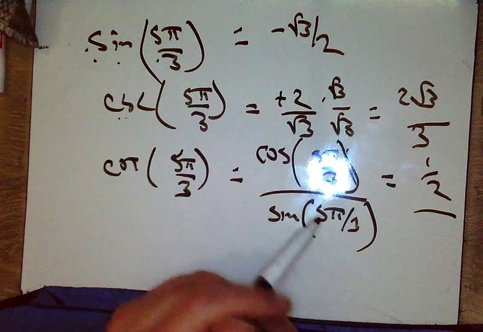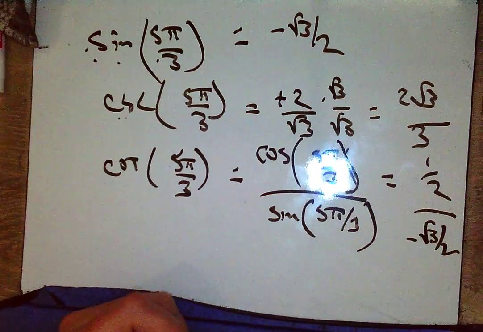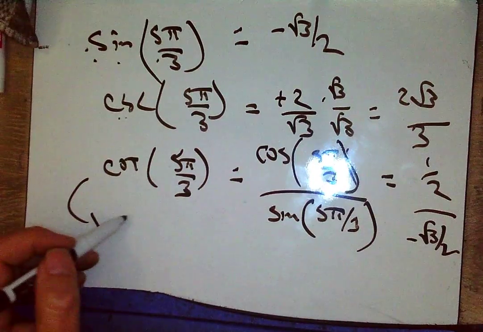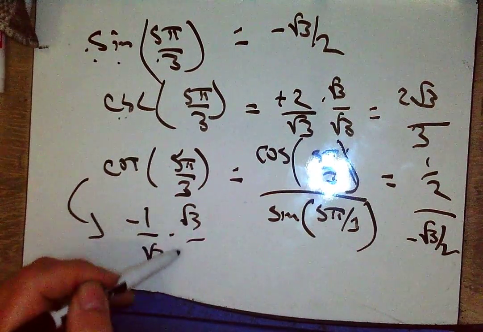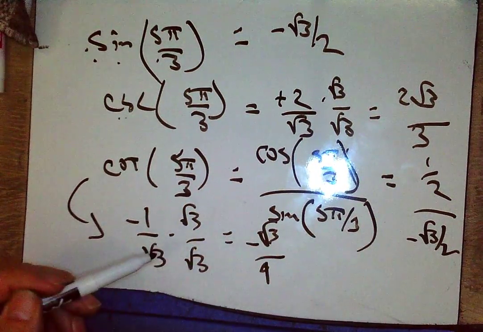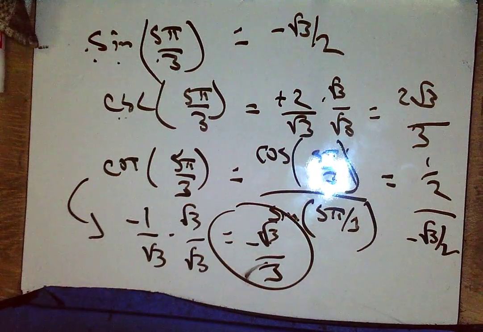Sine of 5 pi over 3, that's negative root 3 over 2. If I flip and multiply, that's going to be negative 1 over root 3. And if you rationalize it, it's negative root 3 over 3. Okay.